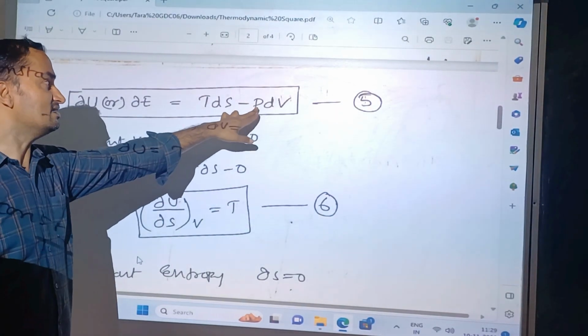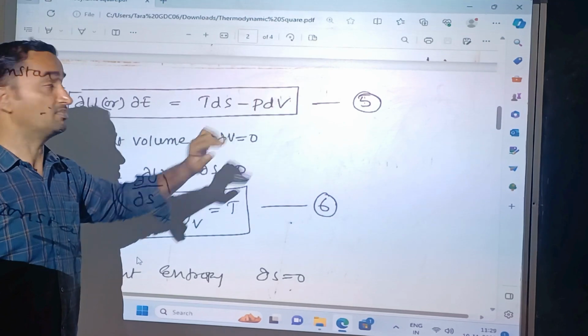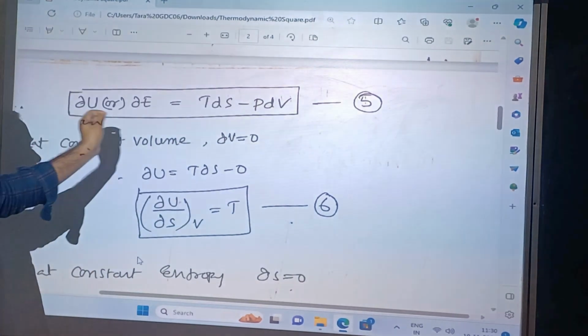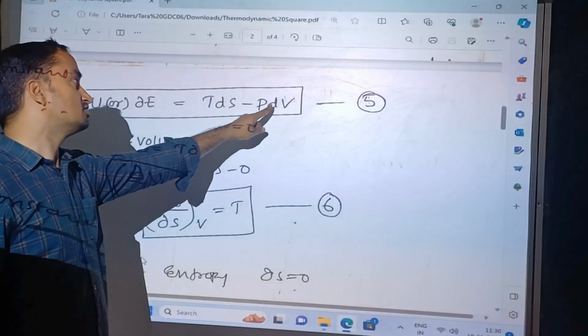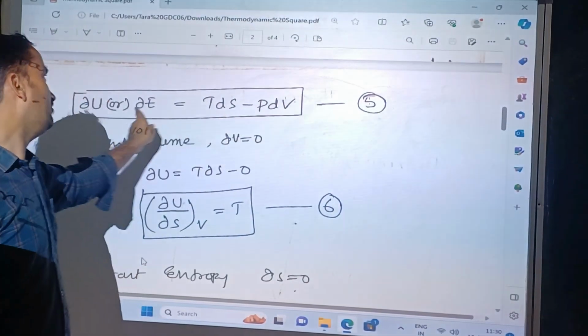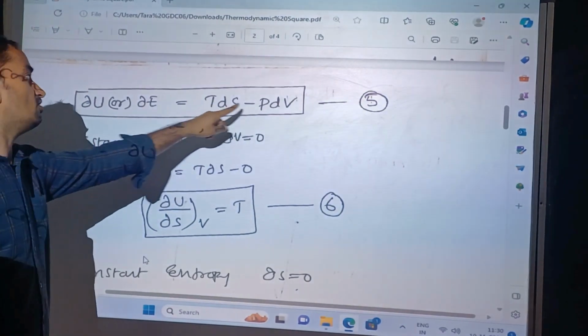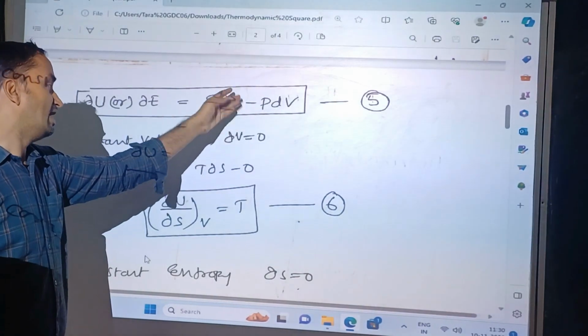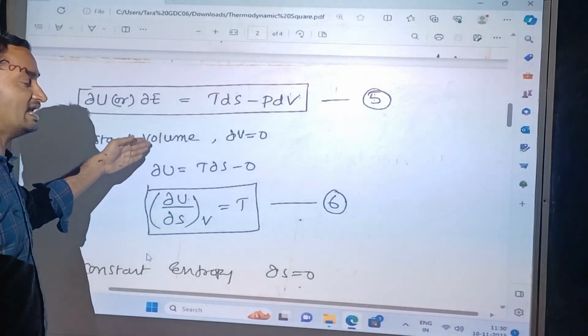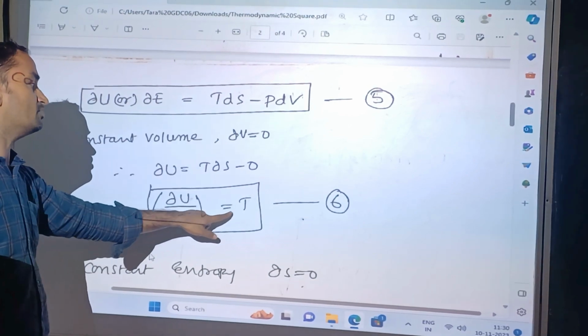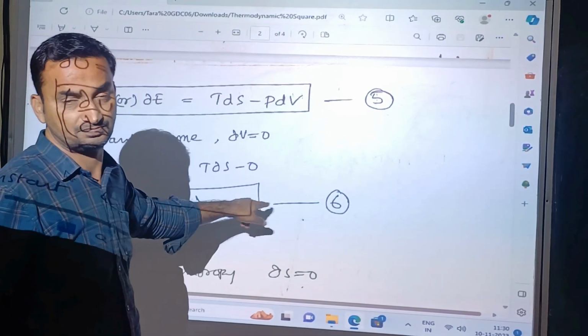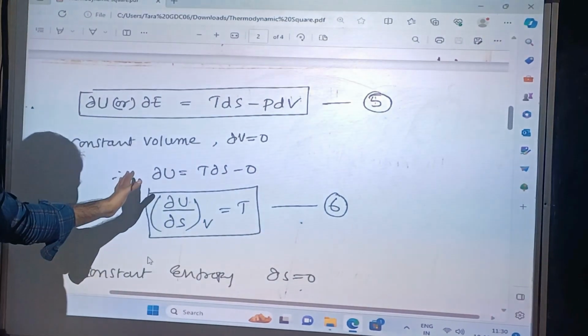Here T δS is there, P δV is there. Now if I keep the volume constant, δV will be 0, so this term will be 0, and we are going to get ∂U at constant volume is T ∂S. And if you take this ∂S towards the left side, ∂U by ∂S at constant volume is T, temperature. Okay, beta?